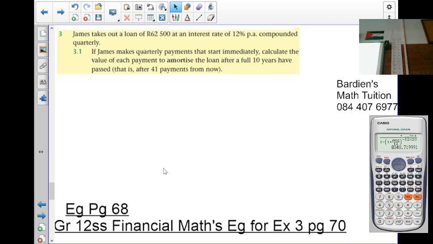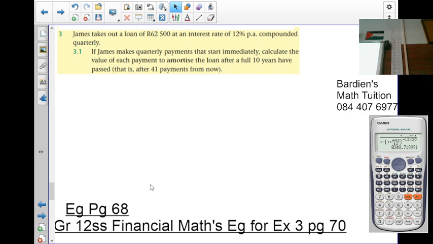Here we are told that James takes out a loan. A loan again, we need to use the present value formula, provided she's making quarterly or whatever payments. So he takes out a loan of 62,500 at an interest rate of 12% per annum, compounded quarterly. So you must make quarterly payments so as not to change the interest here.